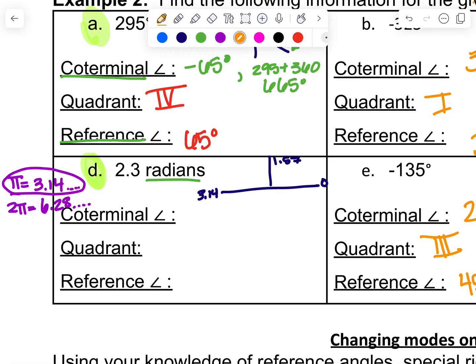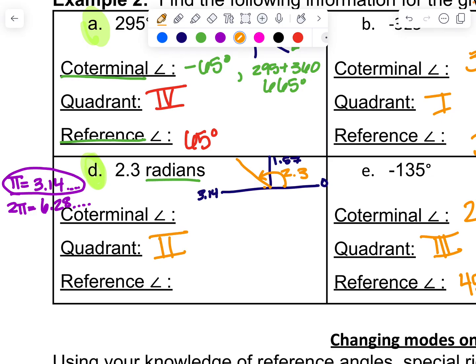So it looks like this angle would be in that second quadrant. An angle of 2.3 radians as a decimal would be in the second quadrant because it would be between pi over 2 and pi as decimals. So we're in quadrant 2.